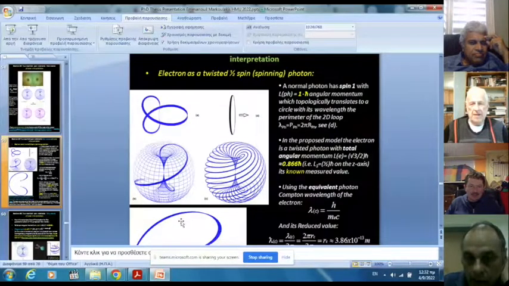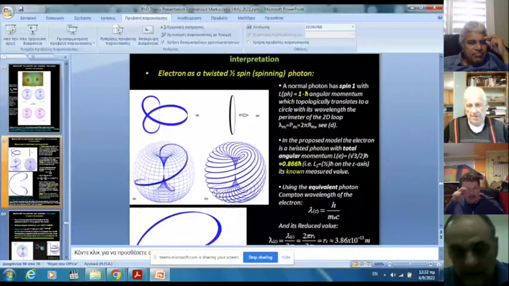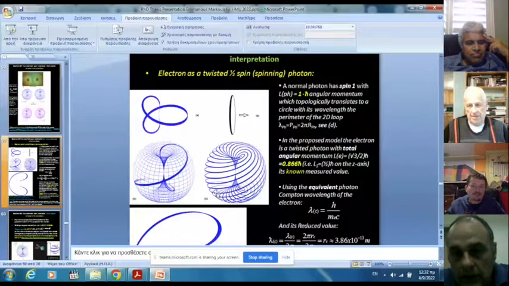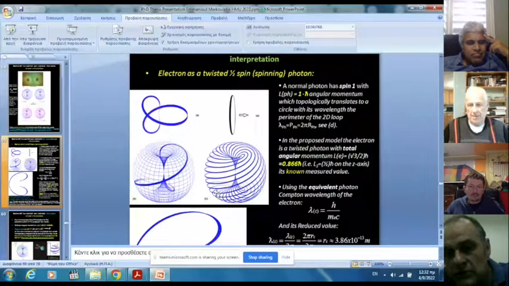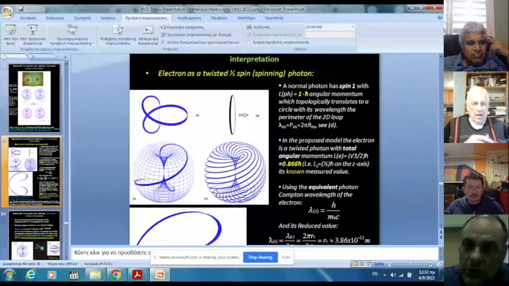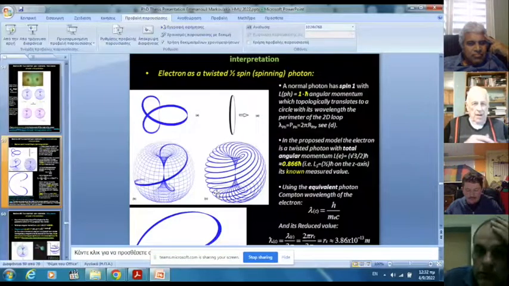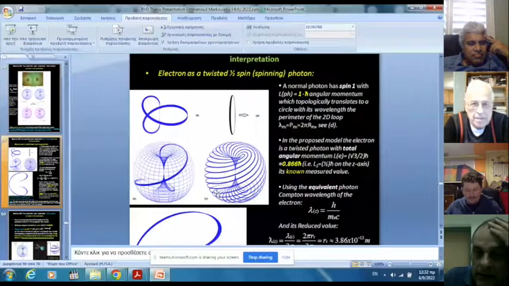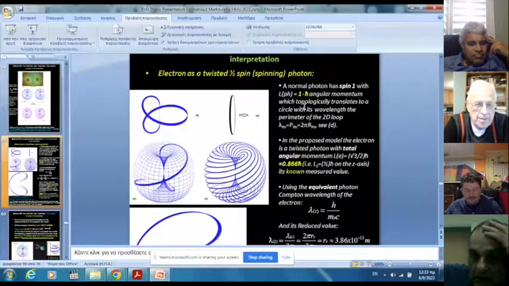So, topologically, a spin 1 photon is a perfect circle. Even better, not just topology, because topology is something dynamic. Let's say geometrically. A spin 1 photon produces exactly 1 h bar, the highest angular momentum, and the most efficient geometry for that is a circular rotation.